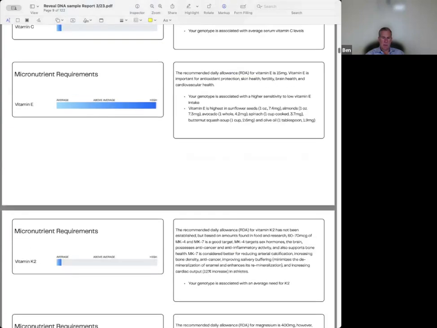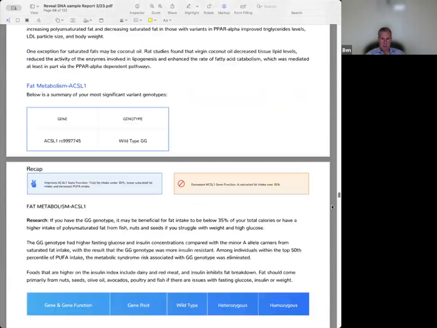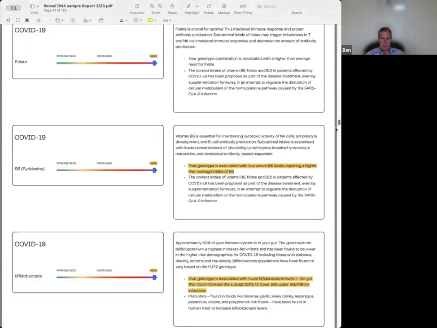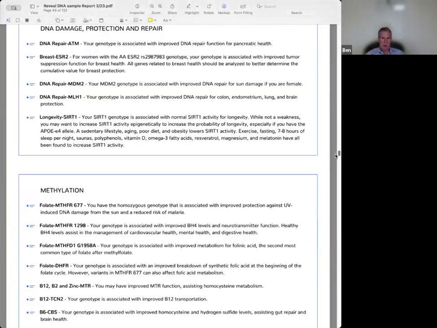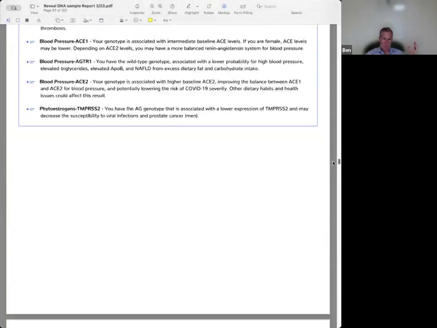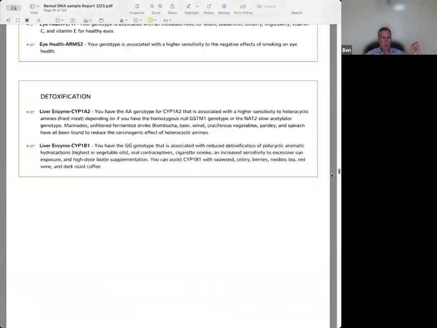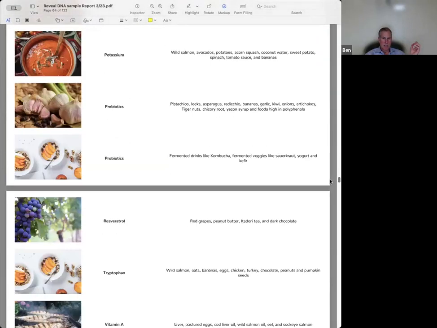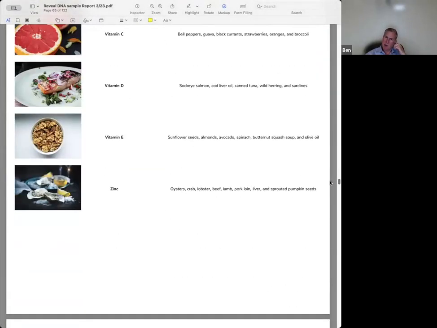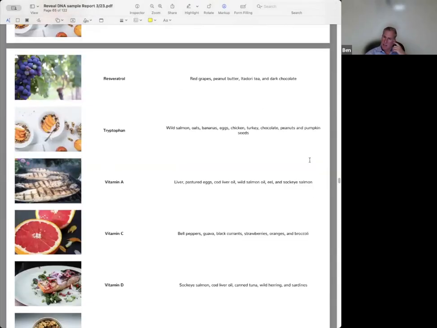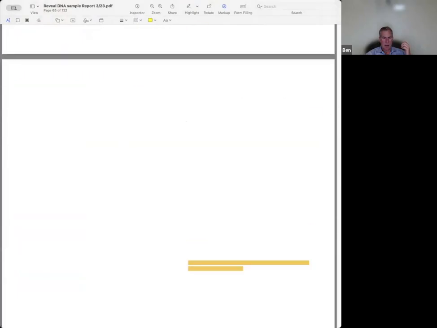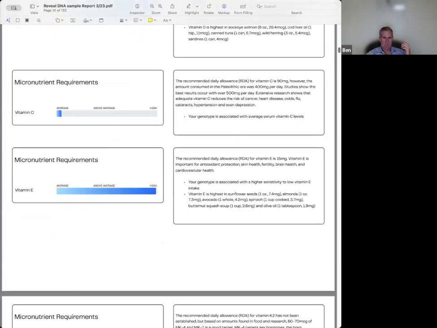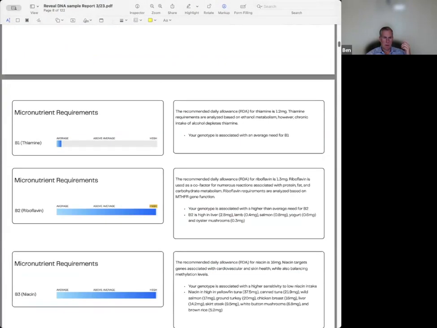Now, the other option, I'm just going to go down to the food list because I don't have every food that contains B12 memorized. And certainly, Googling foods rich in B12 is a great way to do it. But our test, this person didn't need B12, so it's not on this list. So let's get back to where we were.